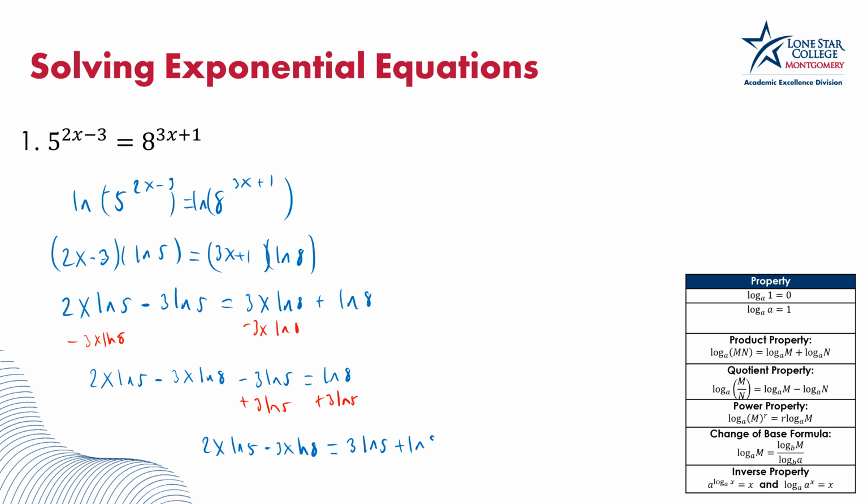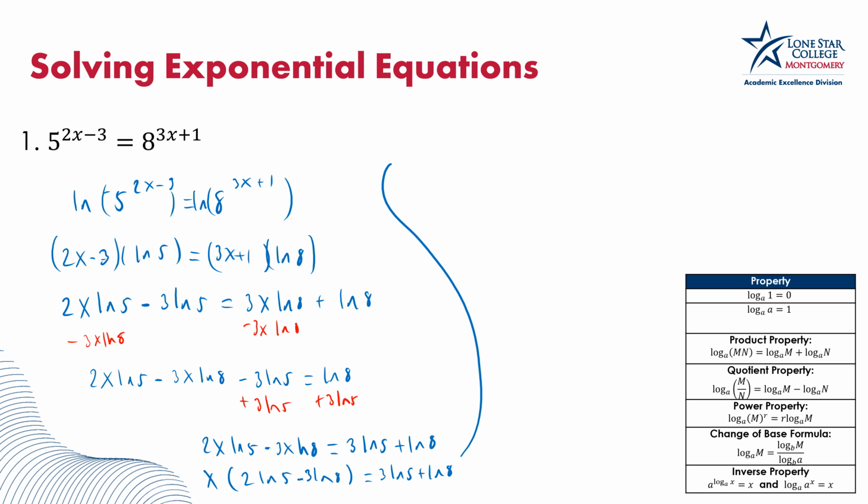plus ln of 8. Now, on the left-hand side, we notice that both terms have an x in common. So we can factor an x out, which gives us 2 ln 5 minus 3 ln 8. And that's equal to still 3 ln of 5 plus ln of 8.